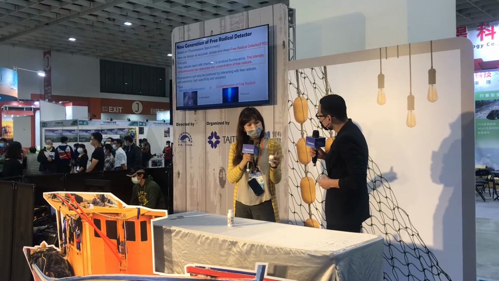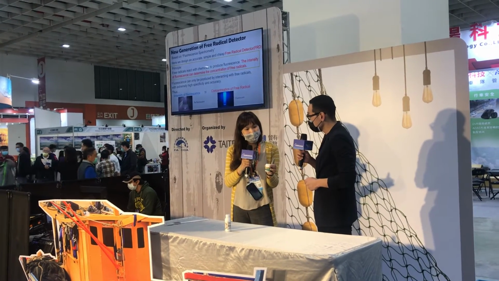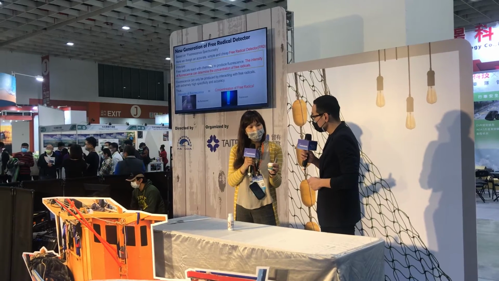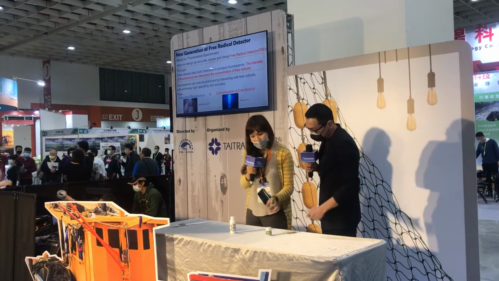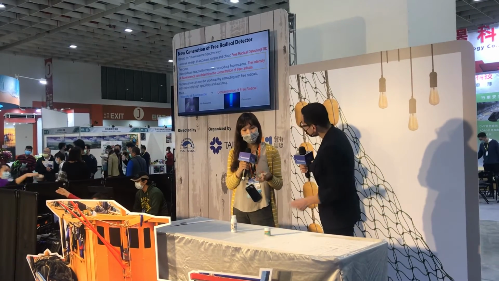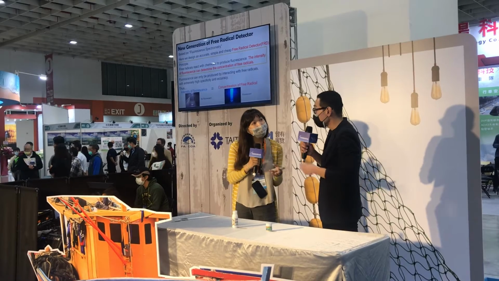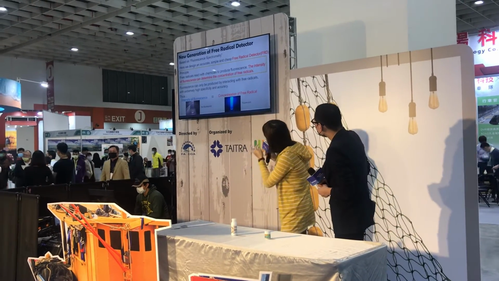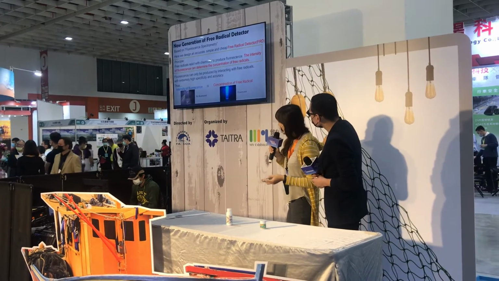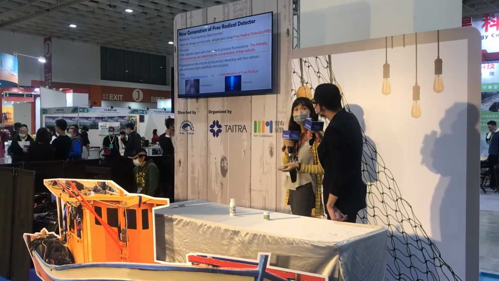Once we use these products in the water and it is dissolved, we can test to see how much fluorescence it contains. If it has more fluorescence in the water, that means the worse the environment is. Exactly. As you can see, the intensity of fluorescence represents the concentration of the free radicals.